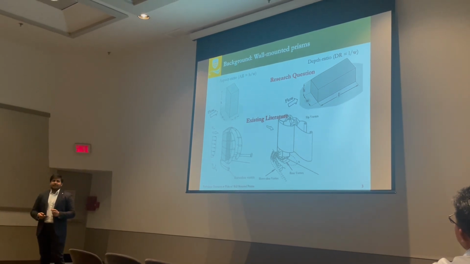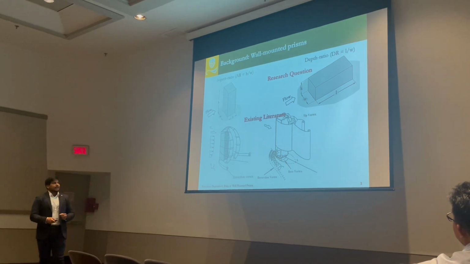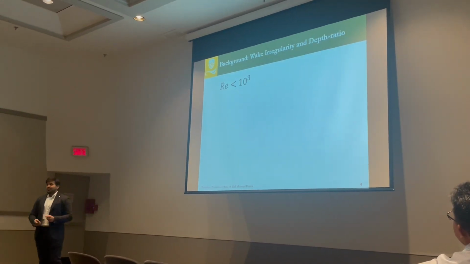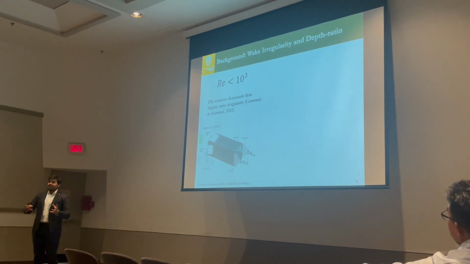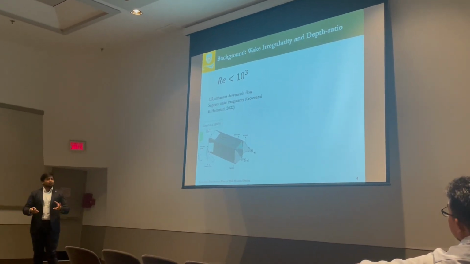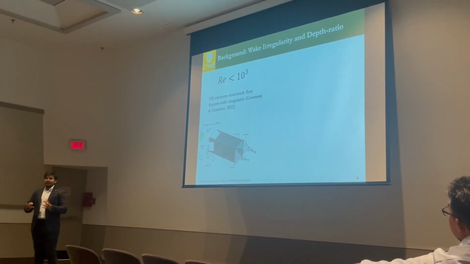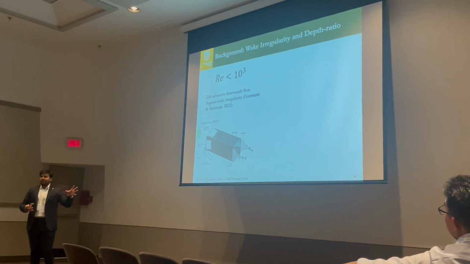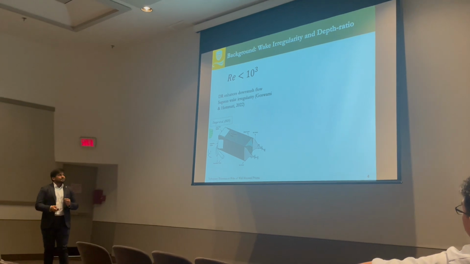Now, looking at different studies on the depth ratio effects in recent times, we find that at low Reynolds numbers, typically under 1,000, the depth ratio enhances the downwash flow, which leads to suppression of the wake irregularity. In other words, increasing the depth ratio at low Reynolds numbers suppresses the wake and leads to a steady wake.